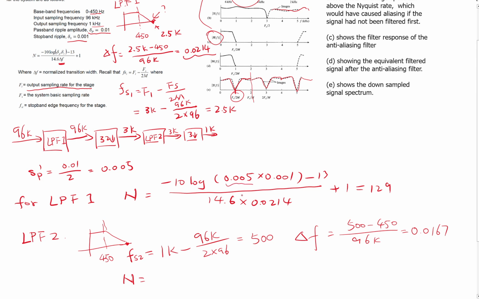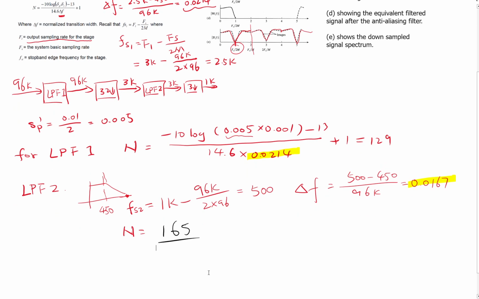The passband ripple is 0.005, and all of these are the same. The only difference for the second one is that you replace the delta F with this one, and then you find the result equals 165.